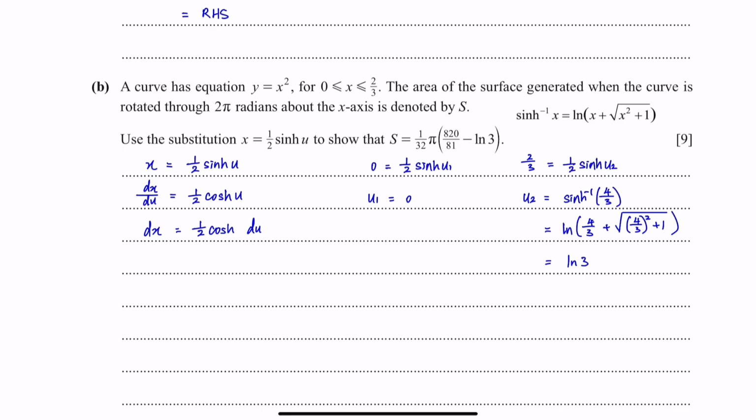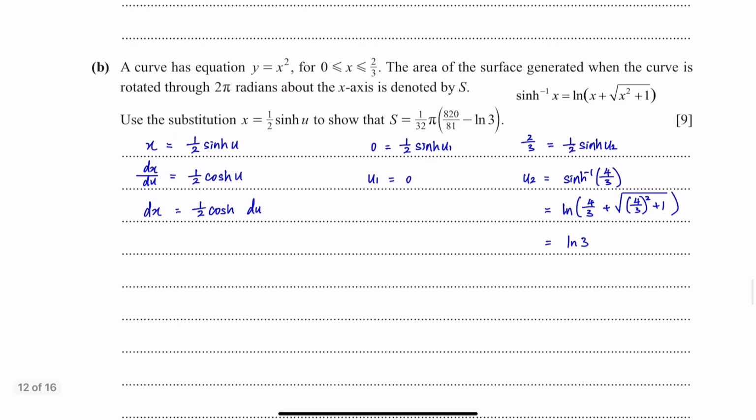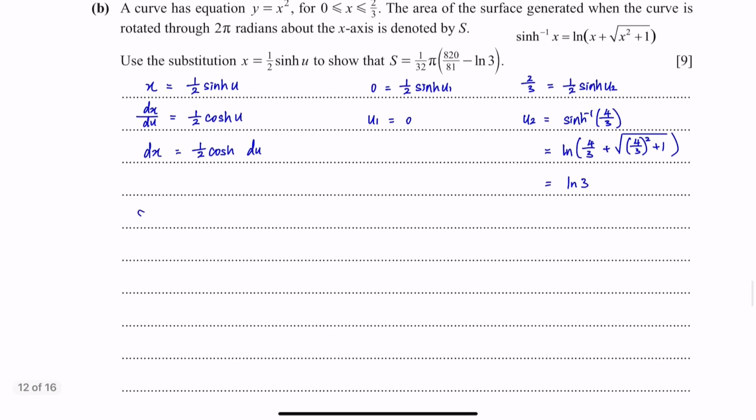So now we can start doing the integration. For the area of surface, we have the formula S equals the integration from x1 to x2 of 2 pi y times the square root of (dy/dx squared plus 1).